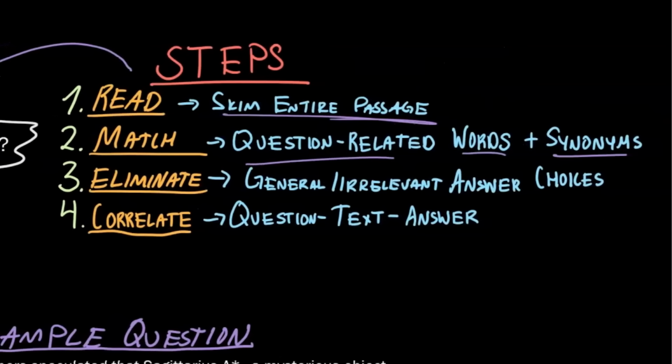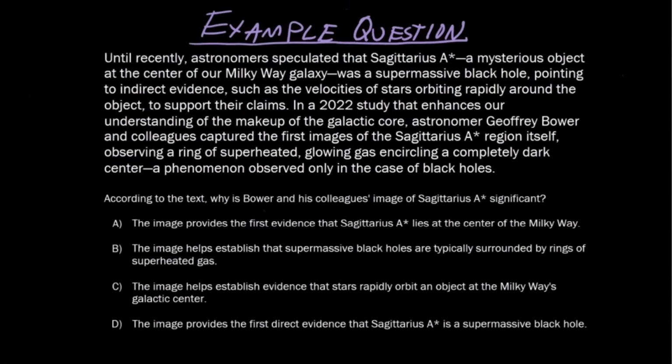And then you want to match those. The next thing you want to do is eliminate anything that's general, because we're looking for a detail here. We're not looking for a central or main idea. We're looking for information on a specific part of the text. So you're going to eliminate those kinds of answer choices, and anything that's irrelevant. Then you're going to correlate the question to the text to the answer. Let's see what that means with our example question.